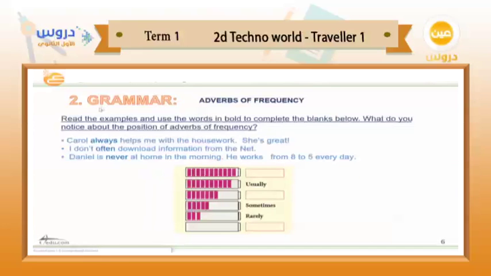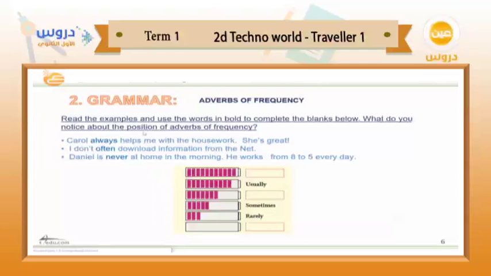Okay, our grammar for today is going to be adverbs of frequency, meaning the adverbs which differ in showing how often the verbs happen. You can read the examples and use the words in bold to complete the blanks below.